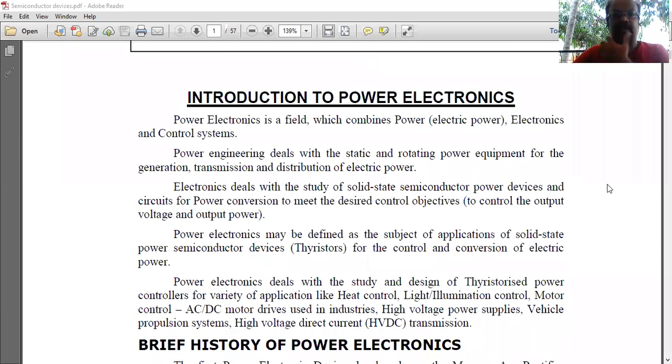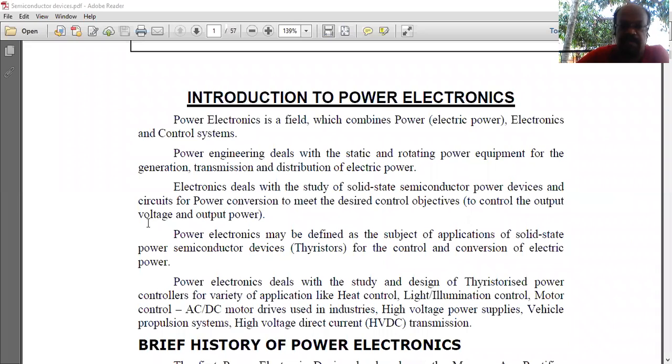So, what is power electronics? Usually power engineering deals with a very high amount of power, with the static and rotating power equipment for generation and transmission. The majority of the power producing and power consuming equipment are rotating. Conventionally, they did not use any power electronics, solid state semiconductor devices.